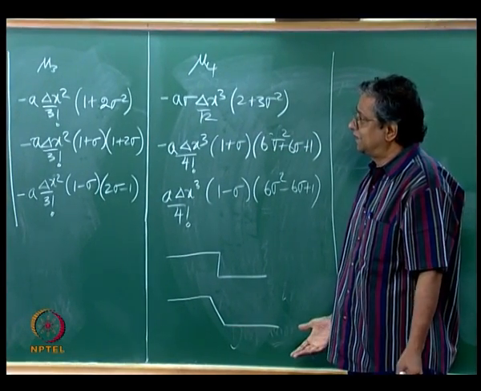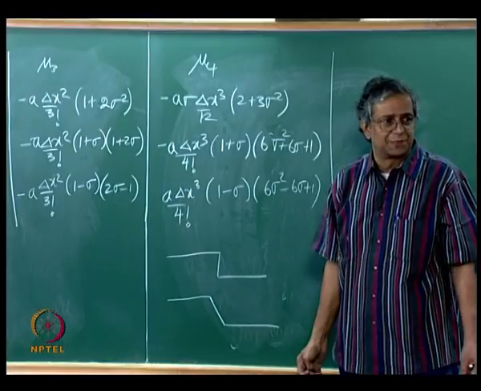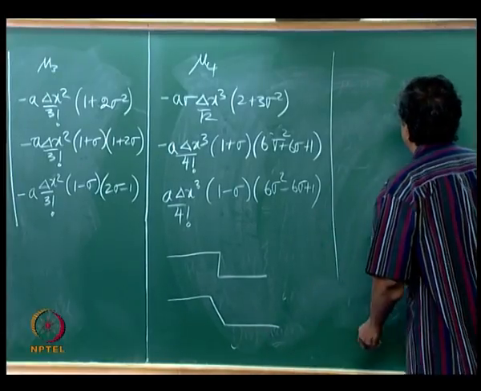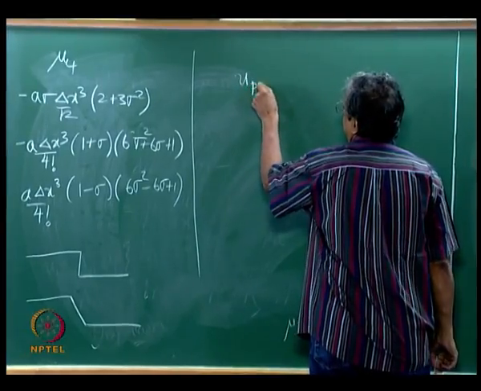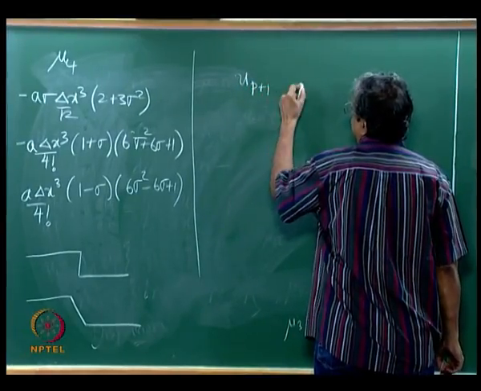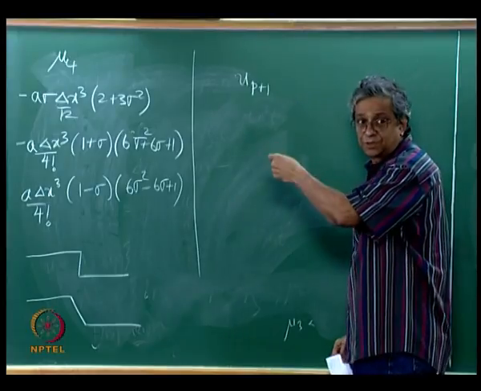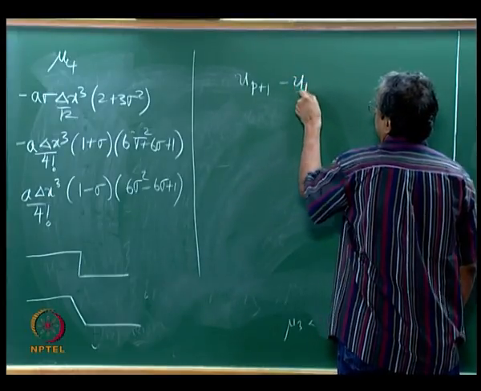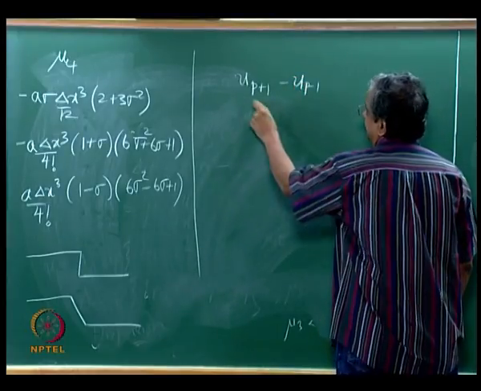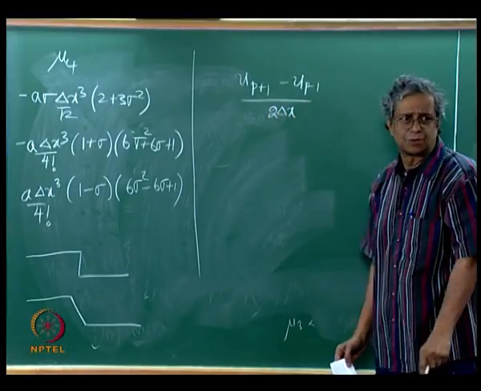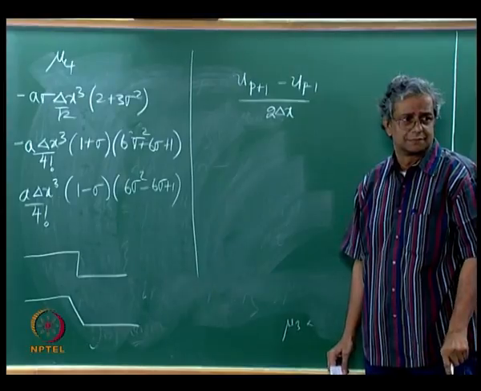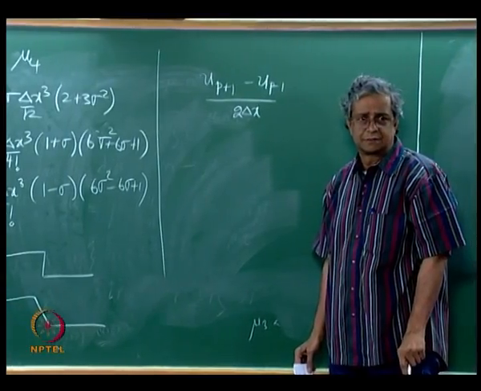There is another thing, we can ask the question, well, what actually is the difference between the two? After all, in the forward time central space scheme, you have a times u at p plus 1 at time level q minus a times u at p minus 1 at time level q divided by 2 delta x. I have left out the time level q, fine.